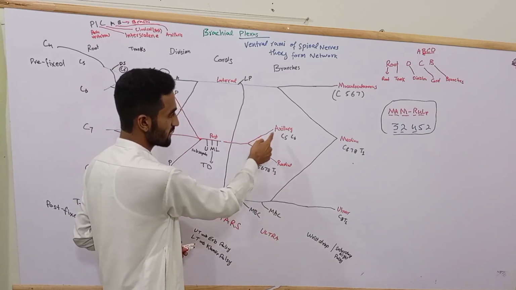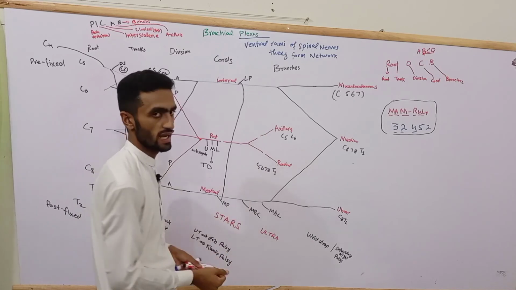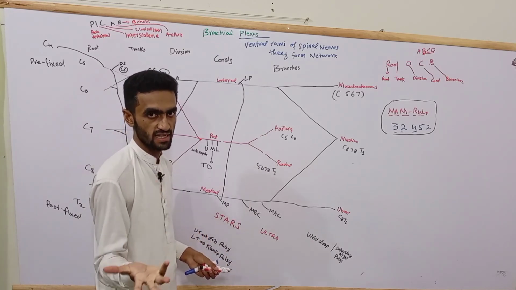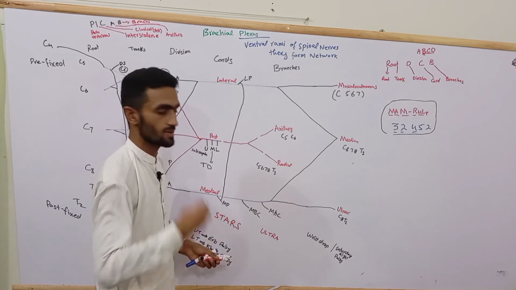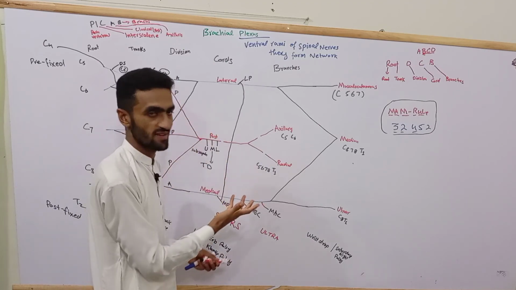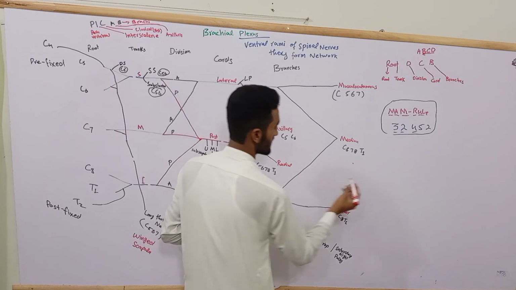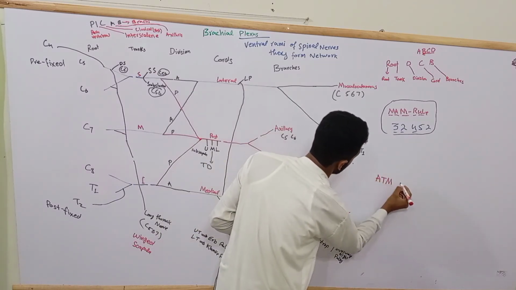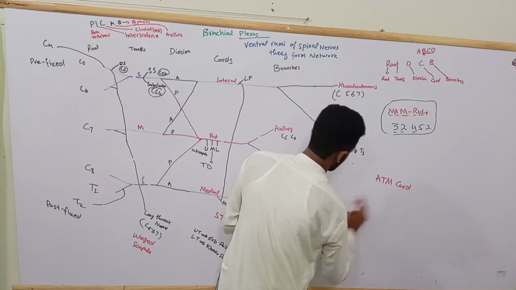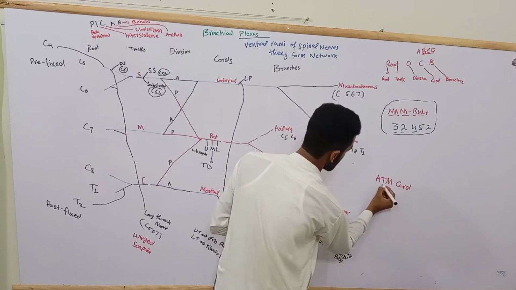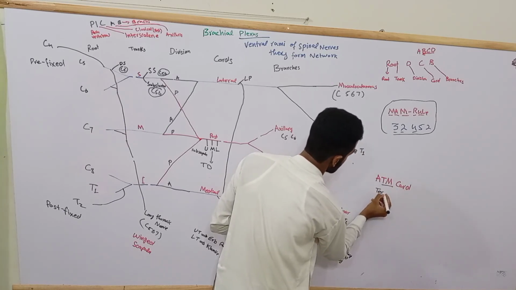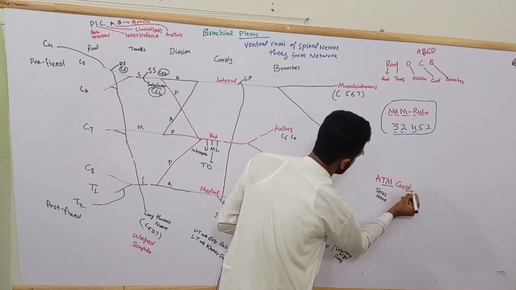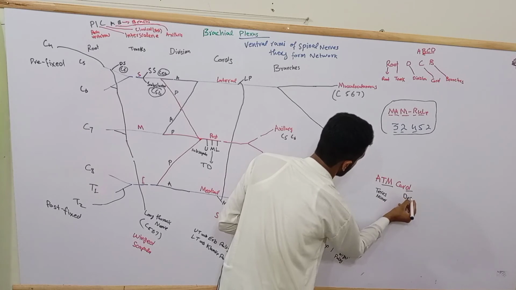And if the axillary nerve is injured, because it supplies only two muscles, deltoid and teres minor, I call the other name for the axillary the ATM cord. ATM cord means what? The A represents axillary, TM represents the teres minor, and the D represents the deltoid.